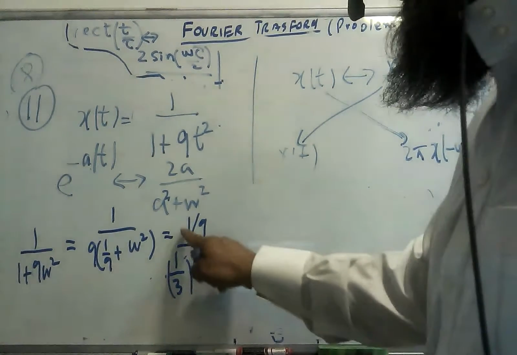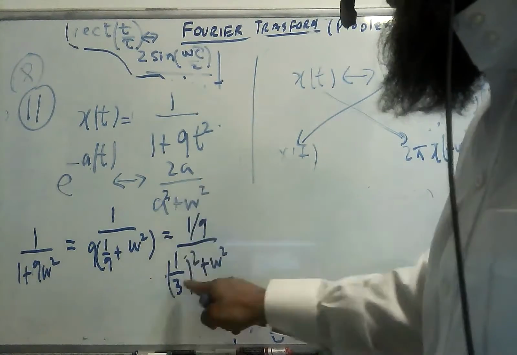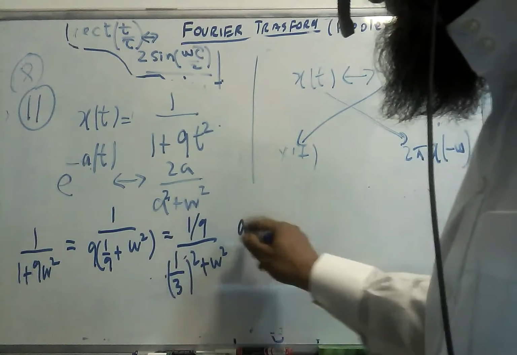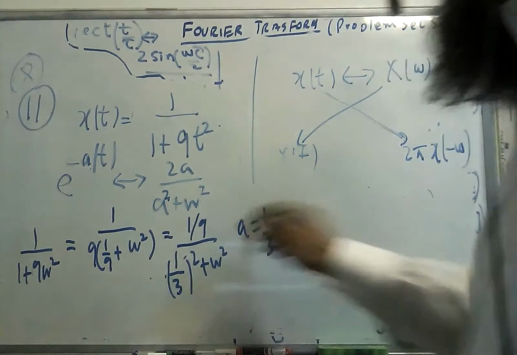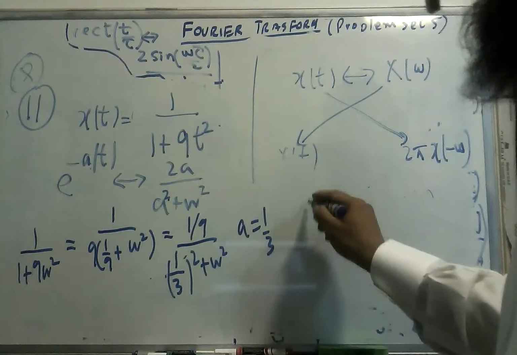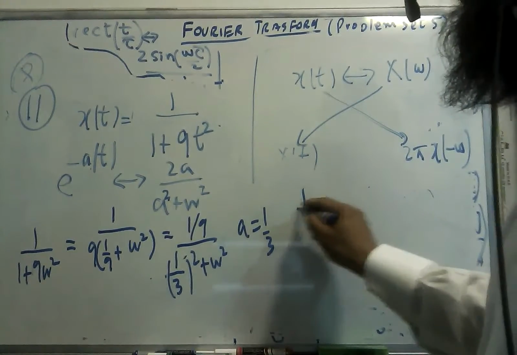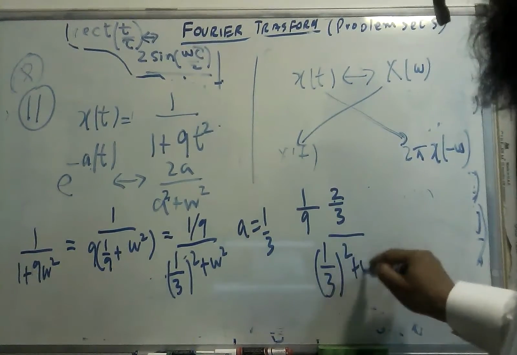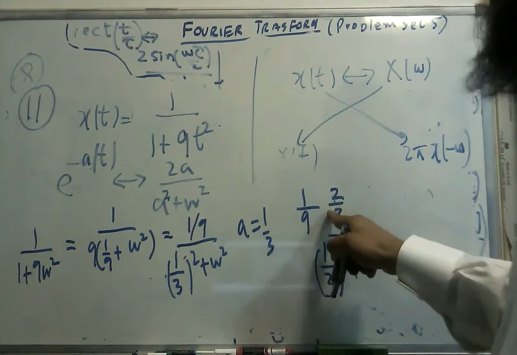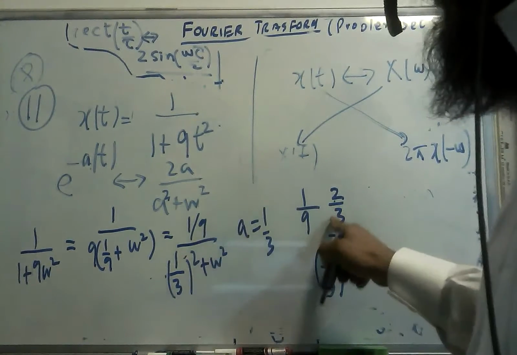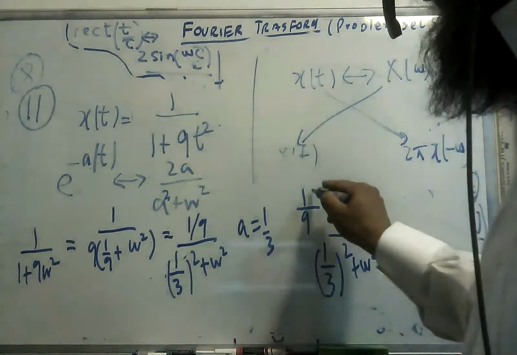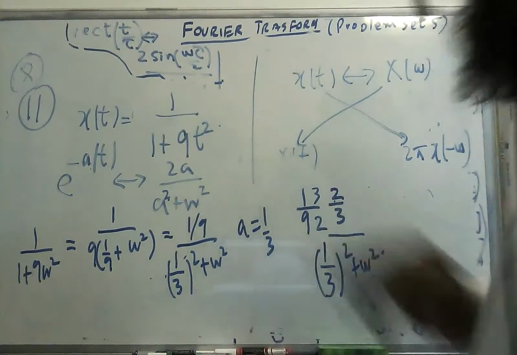So I need to multiply it by 2a, and a is 1 over 3. So I need to have 1 over 3 in the numerator. So I have 1 over 9 whole square plus omega square. But if I add this term here, I also need to multiply it by 3 over 2.